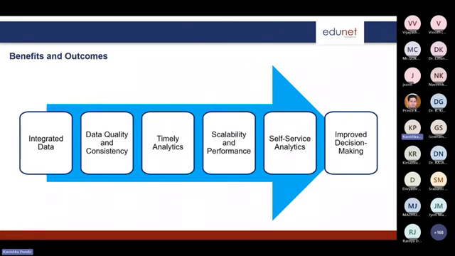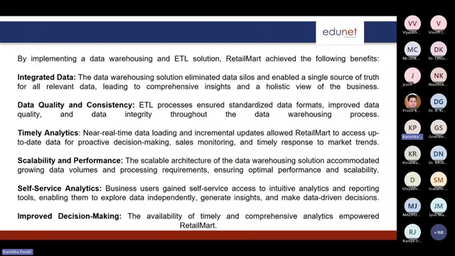The third outcome is timely analytics. Basically we got real-time access to data, collection of real-time data, and we started working on that. Then scalability and performance, self-service analytics, and finally improved decision making was the outcome.